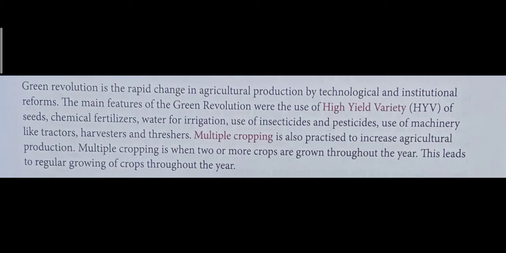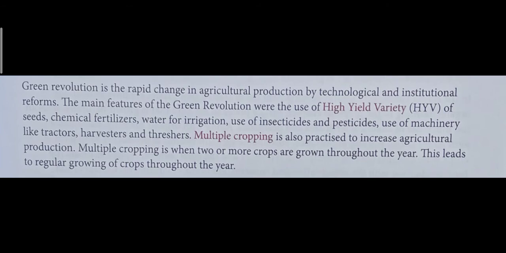The use of high yield seeds, which means seeds that are highly developed, and chemical fertilizers, water for irrigation, insecticides and pesticides, and machinery like tractors, harvesters and threshers. These are the main features, which help in the rise of the productivity of the crops.